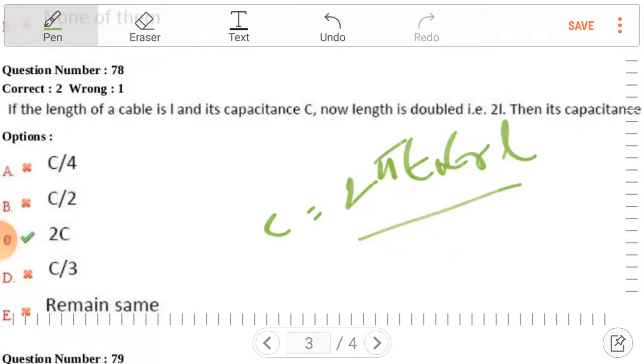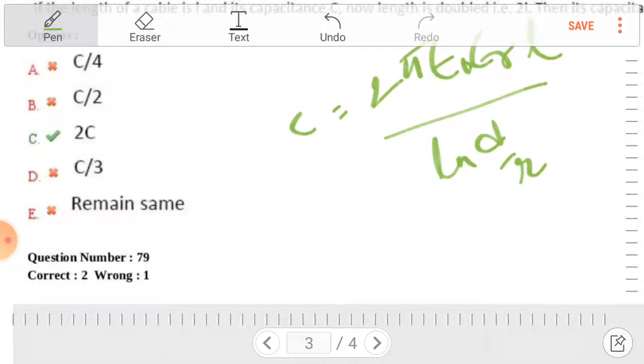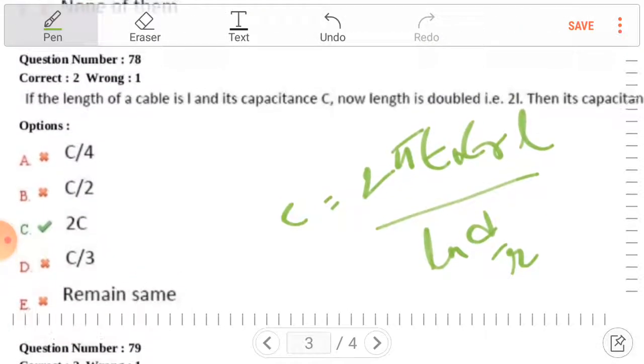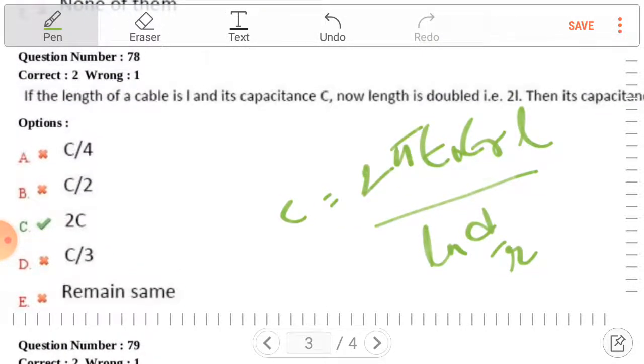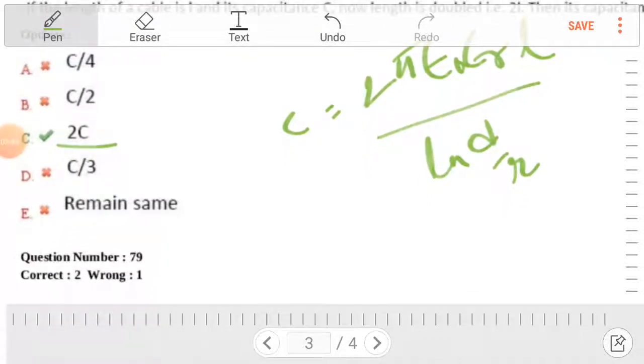The main formula is 2 pi epsilon r L divided by ln D by R, where D is the outermost diameter and R is the inner radius of the core. So capacitance is directly proportional to L. If the length is doubled, then the capacitance will be twice C.